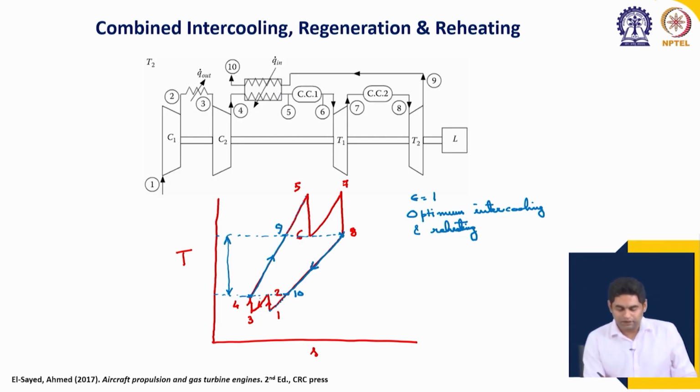It is drastically reduced, and so the requirement of fuel or the energy requirement is drastically reduced in this case. The work output remains the same as the previous reheat and intercool cycle, because there is no change to the turbine work output or compressor work input when we add a regenerator. But because the heat input overall decreases by such a large margin, we expect that the efficiency is also going to be very high.